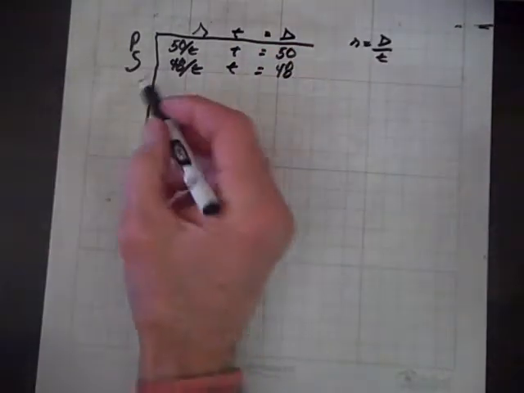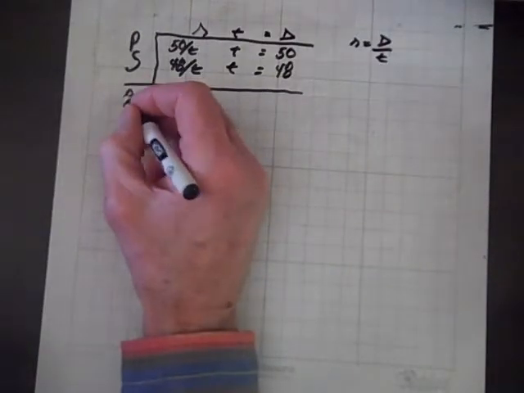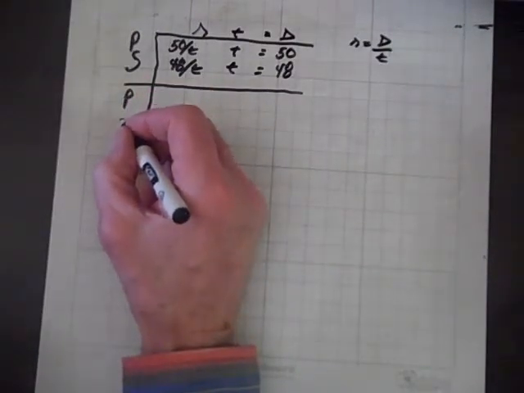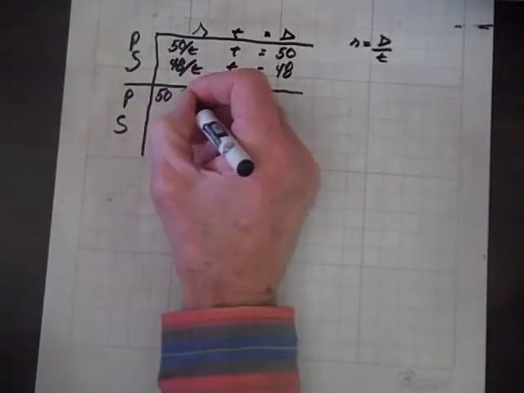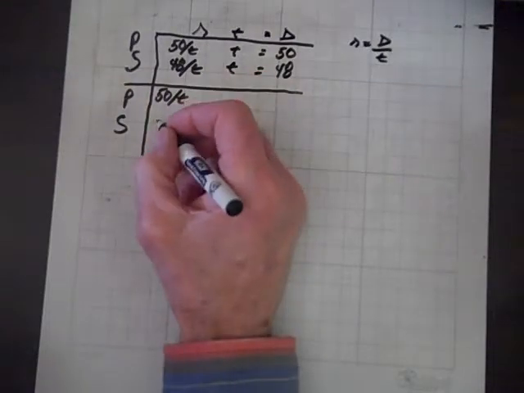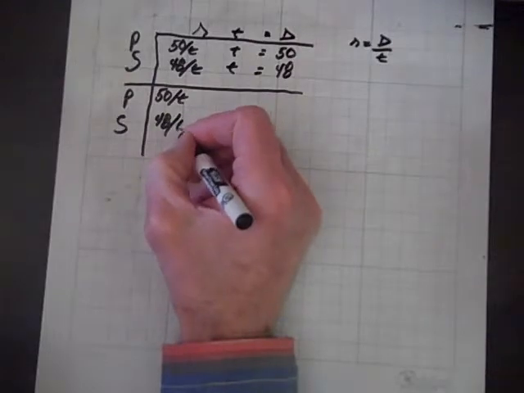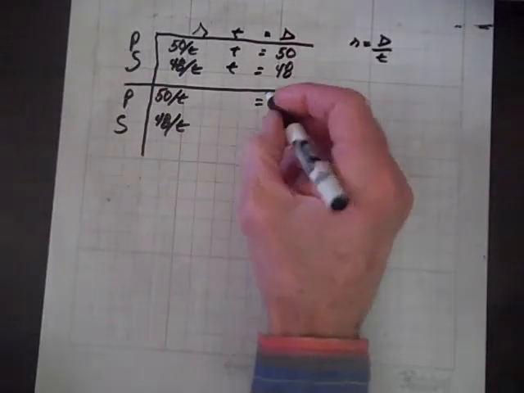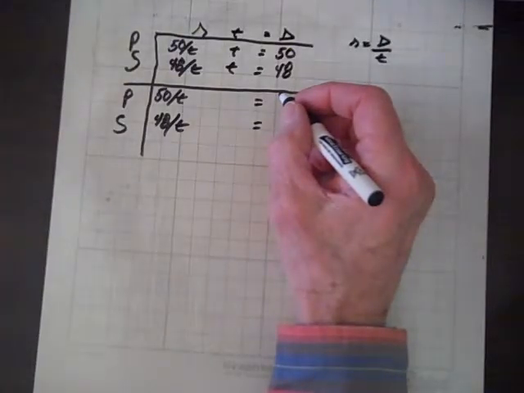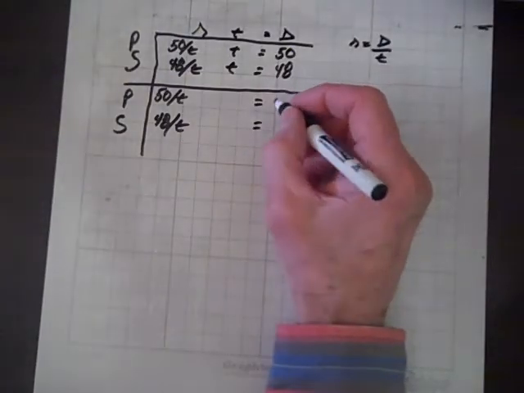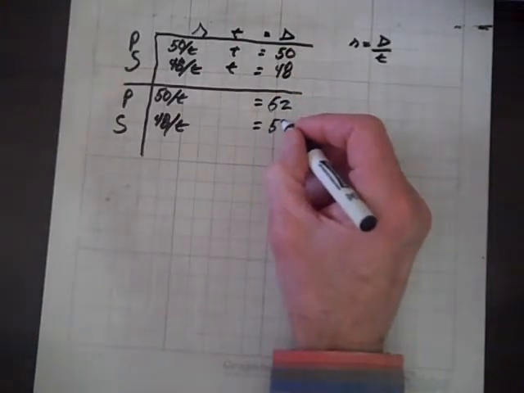Now, they ran a second race, and they ran at the same rates. And so 50 divided by t and 48 divided by t, except this time Paul had to cover 2 more meters, so he went 52 meters and Saul went 50 meters.